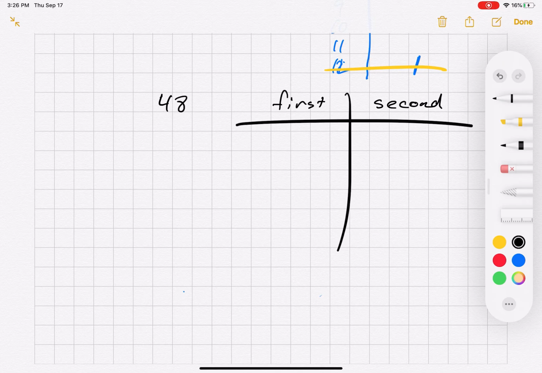So obviously I know 1 and 48, 2 and 24, 3 and 16, 4 and 12. Notice these numbers are getting closer together. 6 and 8.